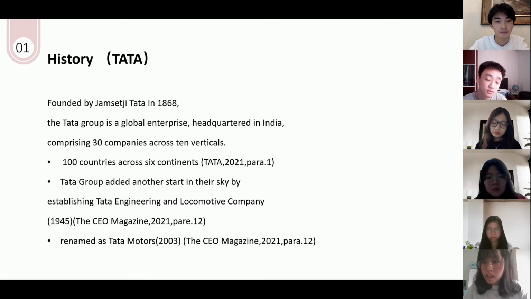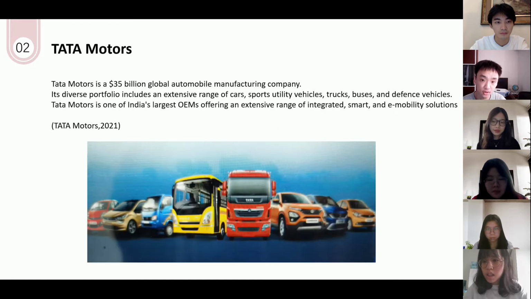It was renamed Tata Motors in 2003. Next. Tata Motors is the biggest automobile manufacturing company in India, with an extensive range of passenger, commercial, and defense vehicles in its portfolio.